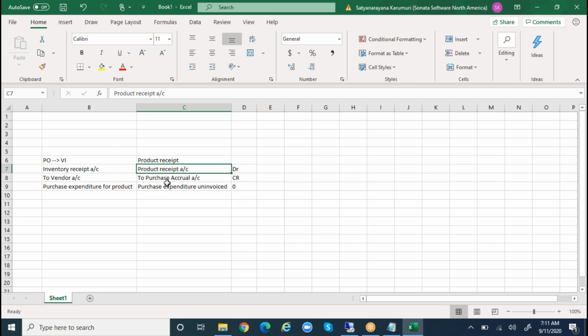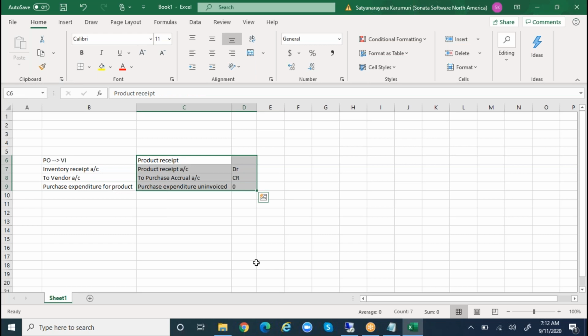A little bit of enhancement to your mindset. This is the product receipt account. This is the purchase accrual account. Instead of vendor account, it is purchase accrual account. Purchase expenditure for product and invoice, that is a lengthy step, it will be 0.